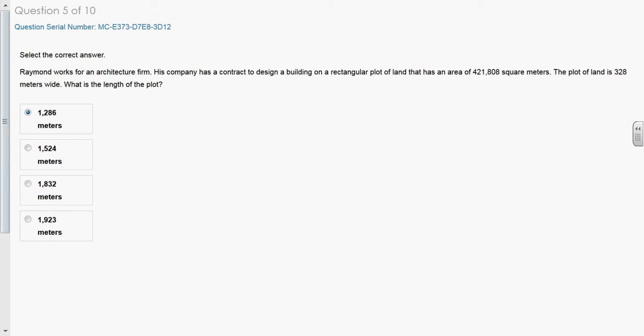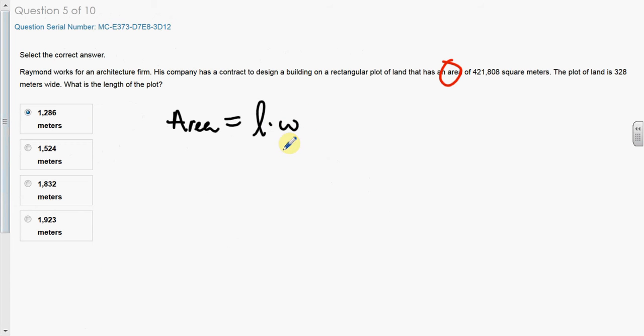Raymond works for an architectural firm. His company has a contract to design a building on a rectangular plot of land that has an area of 421,808 square meters. The plot of land is 328 meters wide. What is the length of the plot? So they give you an area, and we know that the area for a rectangle is equal to the length times the width.